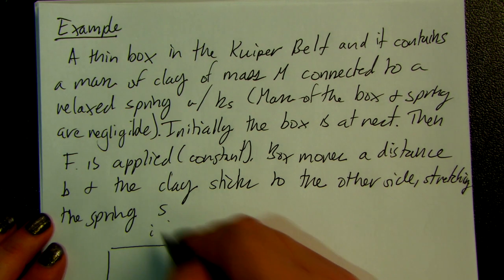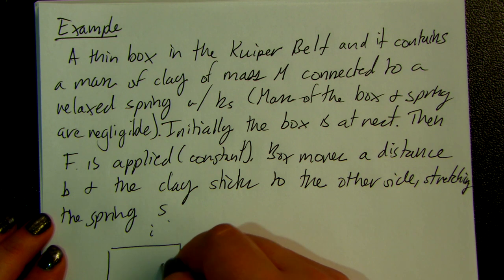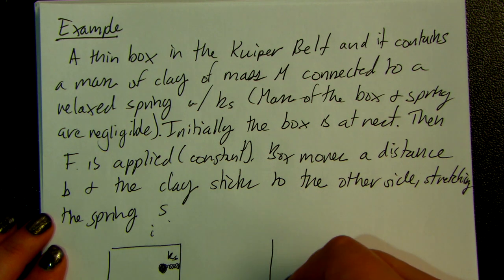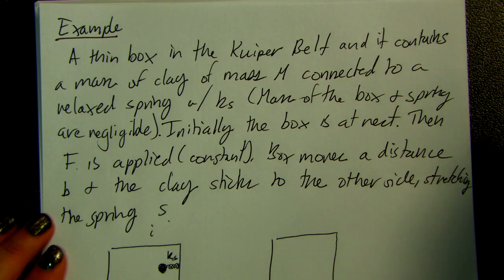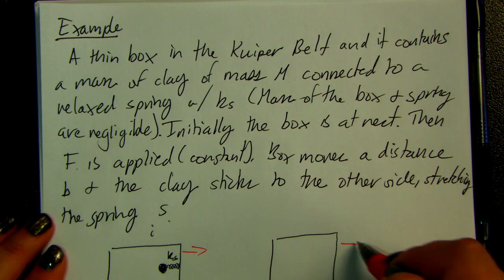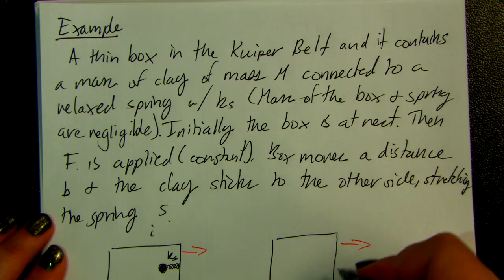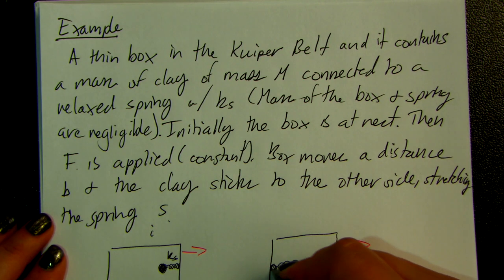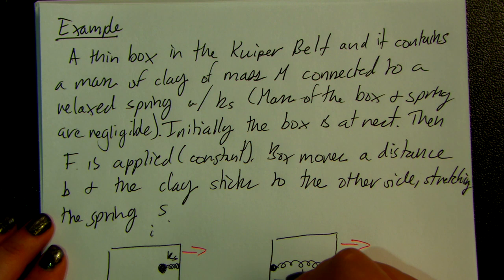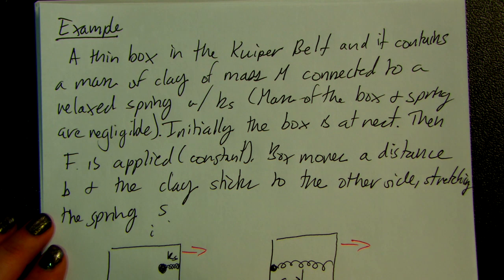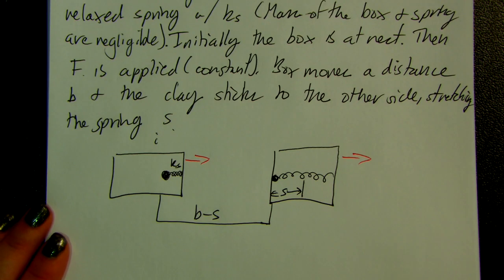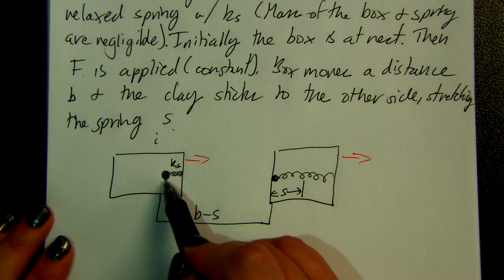Here is where we start. Here's our clay on the spring of Ks, and then the force is applied, moving it in that direction. Moving it some distance, some stretch S, and so from here to here, we are looking at b minus s because the spring started out here.